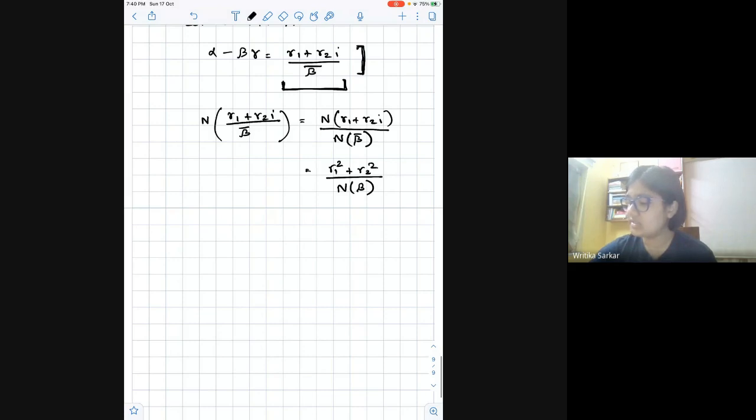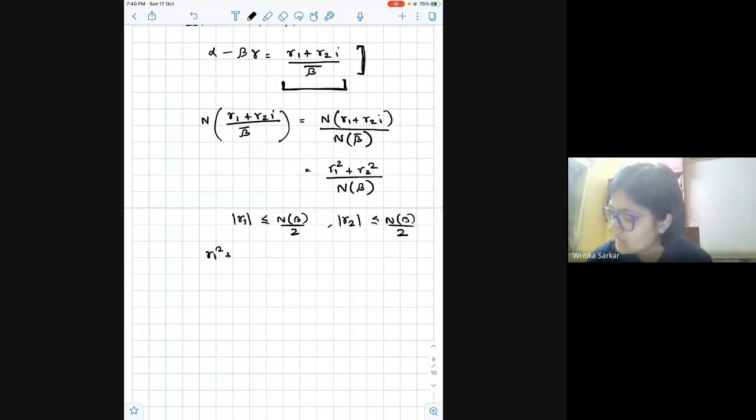And now we'll use the inequalities: r1 is less than or equal to norm of beta over 2, and r2 is less than or equal to norm of beta over 2. So what we get is that the square root of r1 squared plus r2 squared, over norm of beta, is less than or equal to norm of beta over 2.